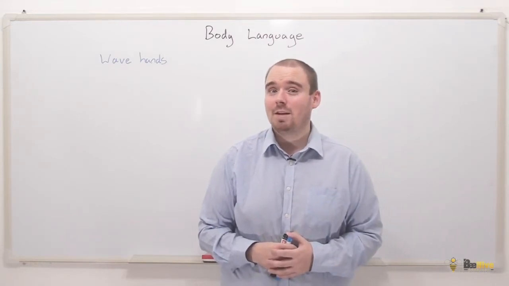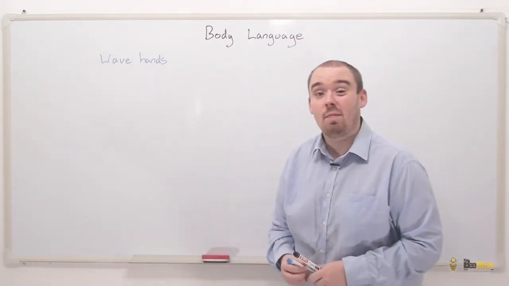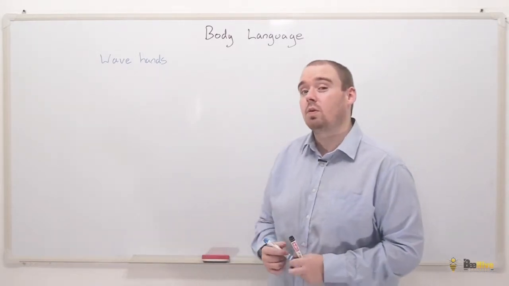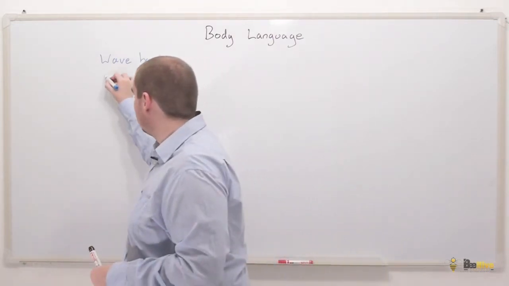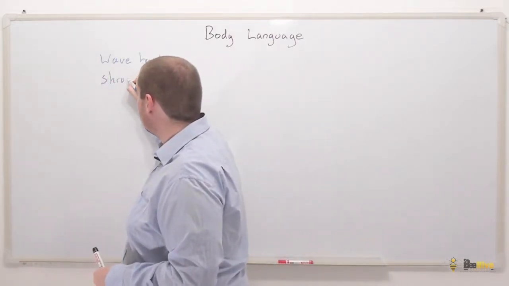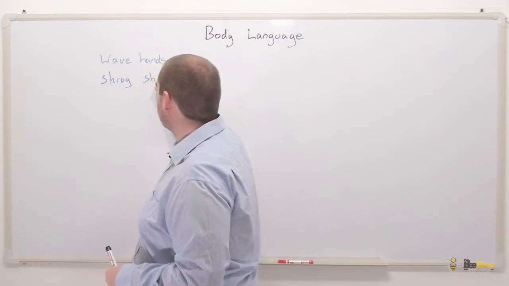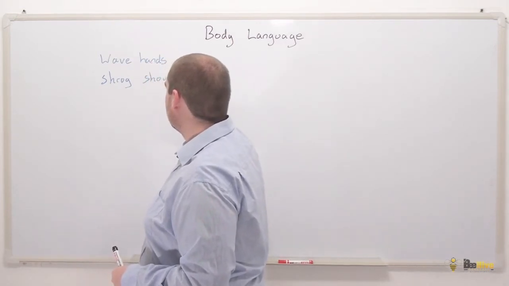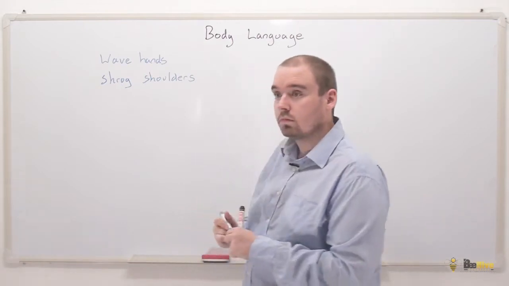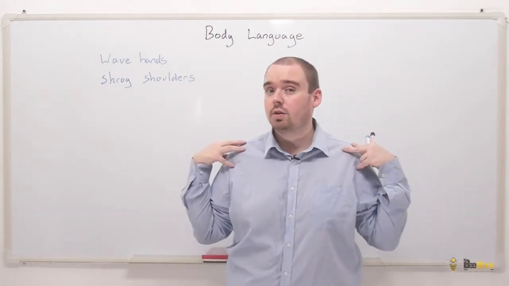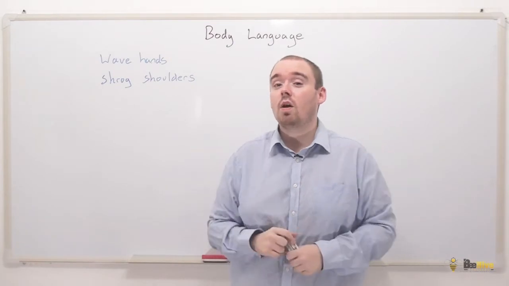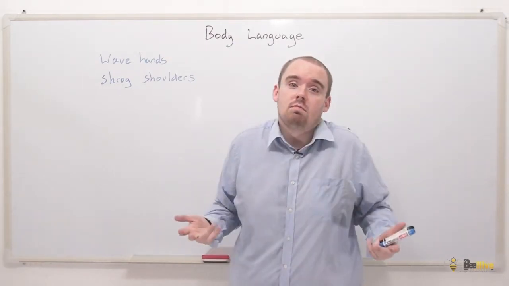Okay? A second type of body language that you see people use is that they shrug shoulders. Okay, now these are our shoulders, so when we shrug them, we go like this.